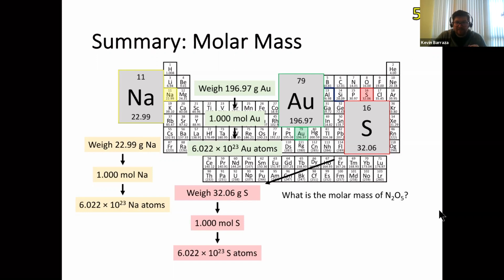And so for one more practice, what is the molar mass of this formula? So remember what the chemical formula indicates when I say N2O5. What is the molar mass of N2O5? It's a particle with 2 nitrogen atoms and 5 oxygen atoms.